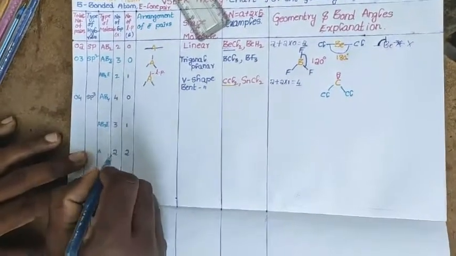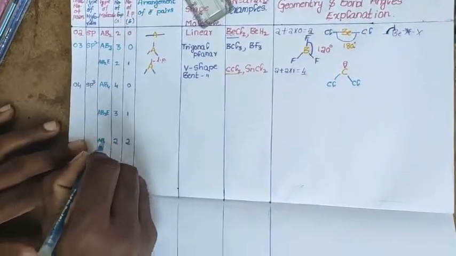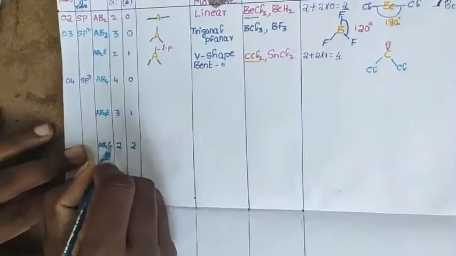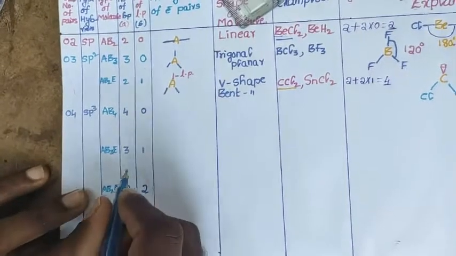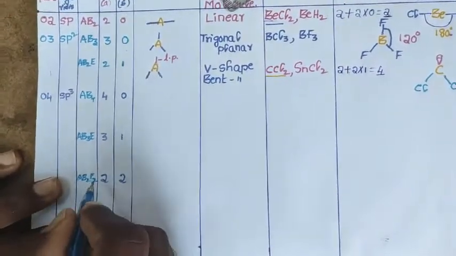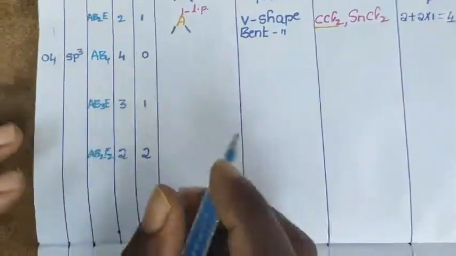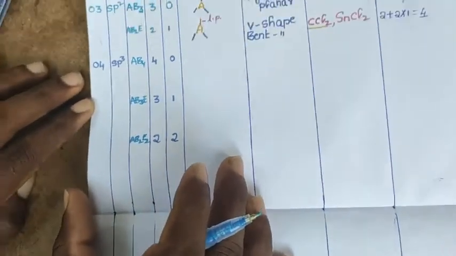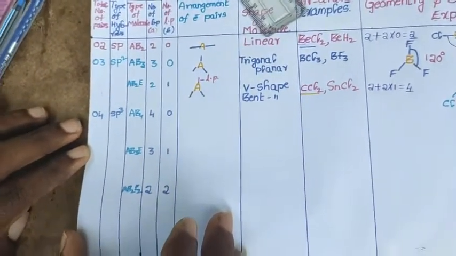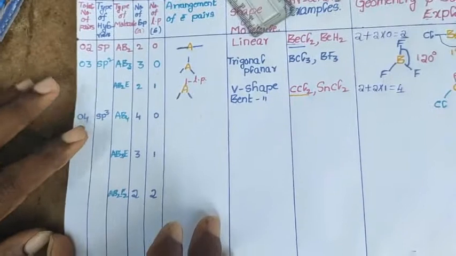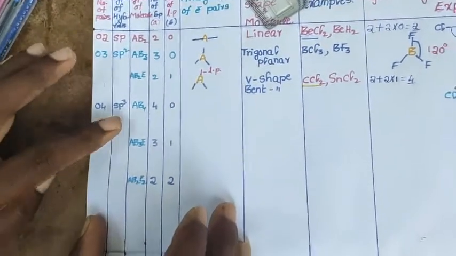Next AB2E2. AB2 means bond pairs are 2, E2 means lone pairs are 2. These are the possibilities for sp3 hybridization. These 3 are possibilities.